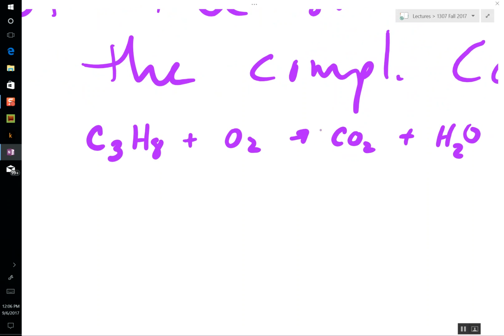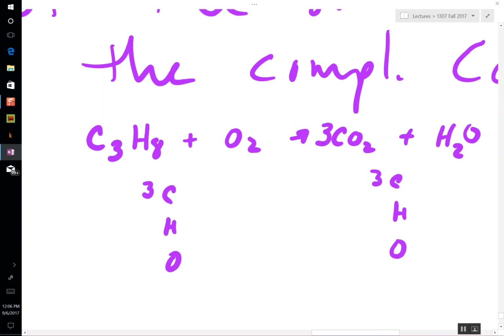All right, so we've got 3 carbons here, so we're going to put a 3 right here. 3 CO2s. We've got 8 hydrogens, so we're going to put a 4 right there. That gives me 8 hydrogens. 3 times 2 is 6 oxygens coming from the CO2.